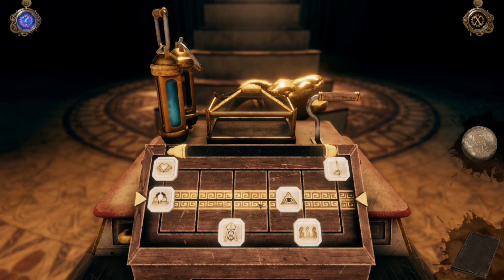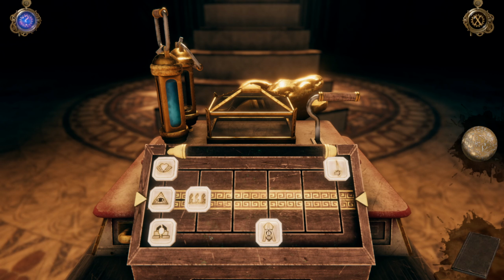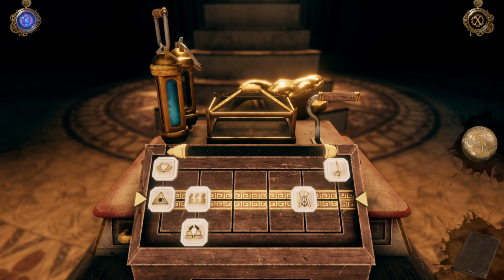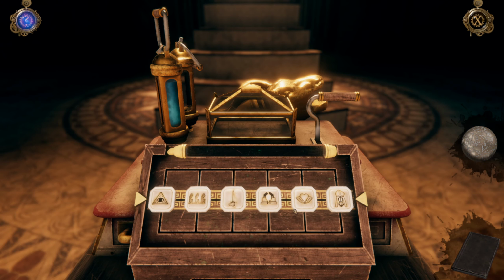Wait, how many are there? 1, 2, 3, 4, 5, 6. So this was the first one. I think this was the second one. The Pope was lenient. I think this was the last one. No, this was the next to last one. I think this was this one. I think this was this one.